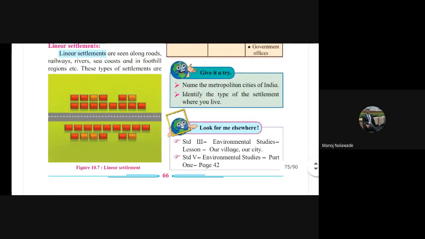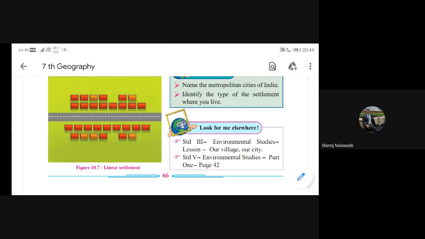Name the metropolitan cities in India. So guys, I'm asking you, can anybody tell me which are the metropolitan cities in India? Am I audible?